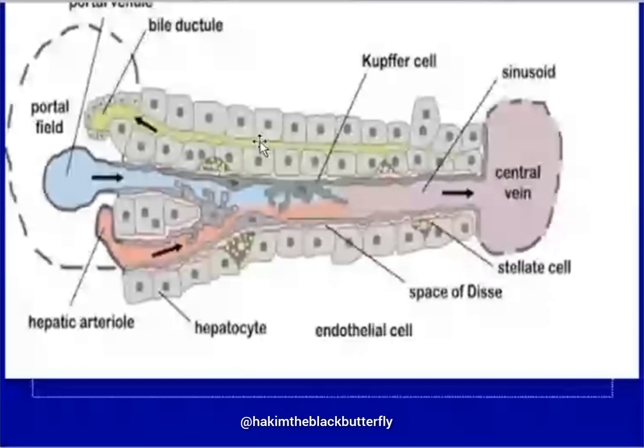Then this is the space of Disse, and in the space of Disse you're seeing the hepatic stellate cells. Those are the hepatic stellate cells, within the space of Disse. And you can see the canaliculi bringing bile out of the liver into the bile duct. This is a magnified illustration of that part.